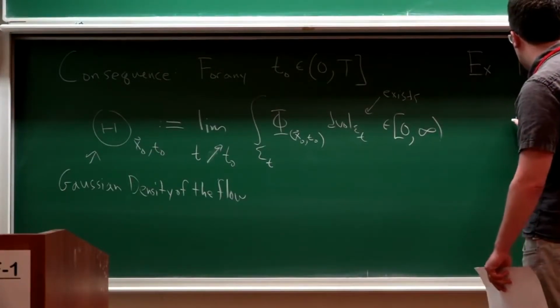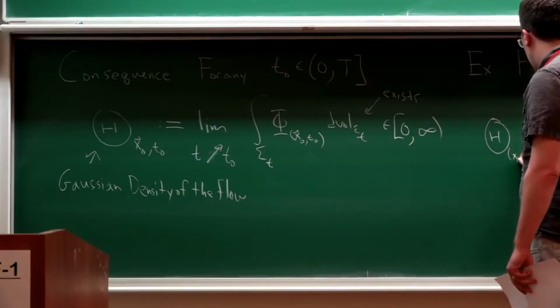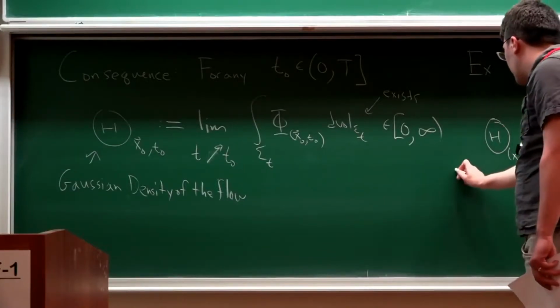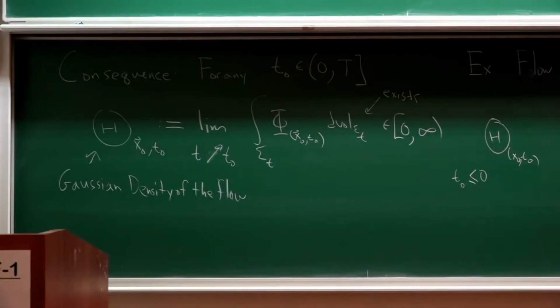Then we can see that the density of x naught, t naught, where we assume t naught is less than or equal to 0, has 3 possible values. So it's 0 if t naught is less than 0, and x naught does not belong to, let's call this sigma t.